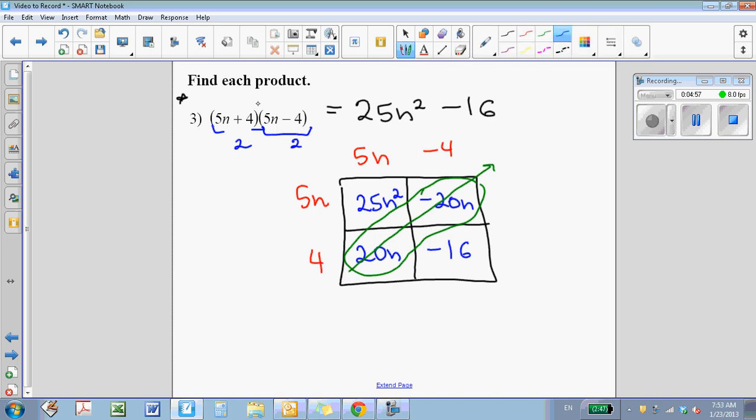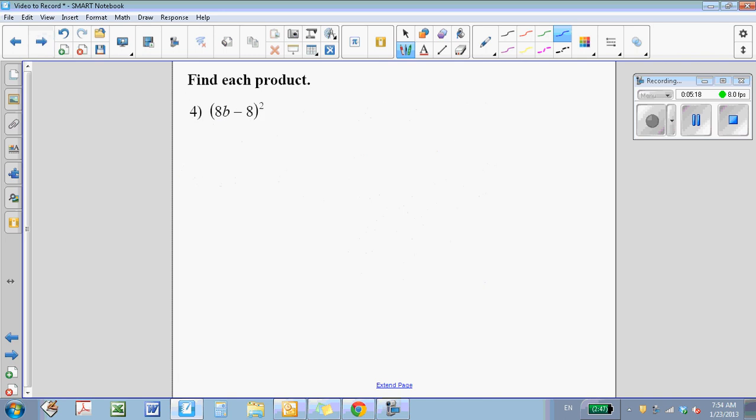So if you have 2n plus 3 and 2n minus 3, you have to have the same first and last term and opposite signs. When we multiply this out, our two middle terms will always cancel out, and you would just have 4n squared minus 9 as your answer. But we'll come back to this. I just wanted to point this out.